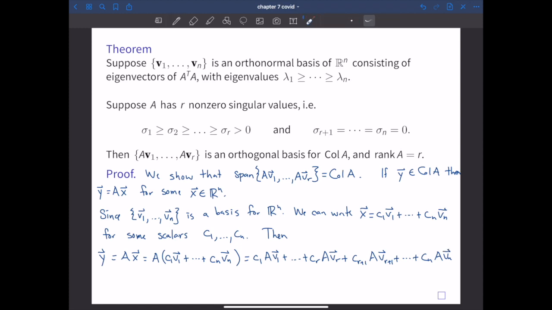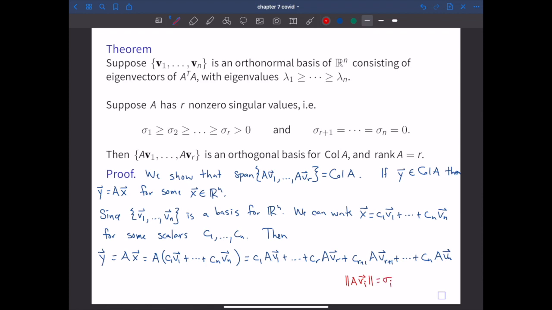Now remember, we have this fact that the length of the vector Avi is just equal to the ith singular value.